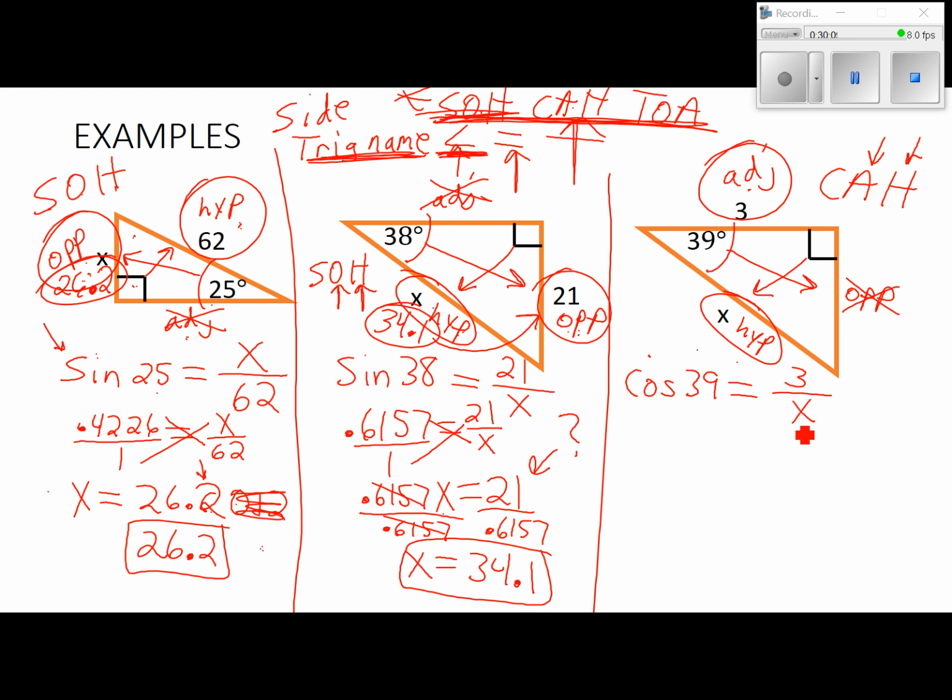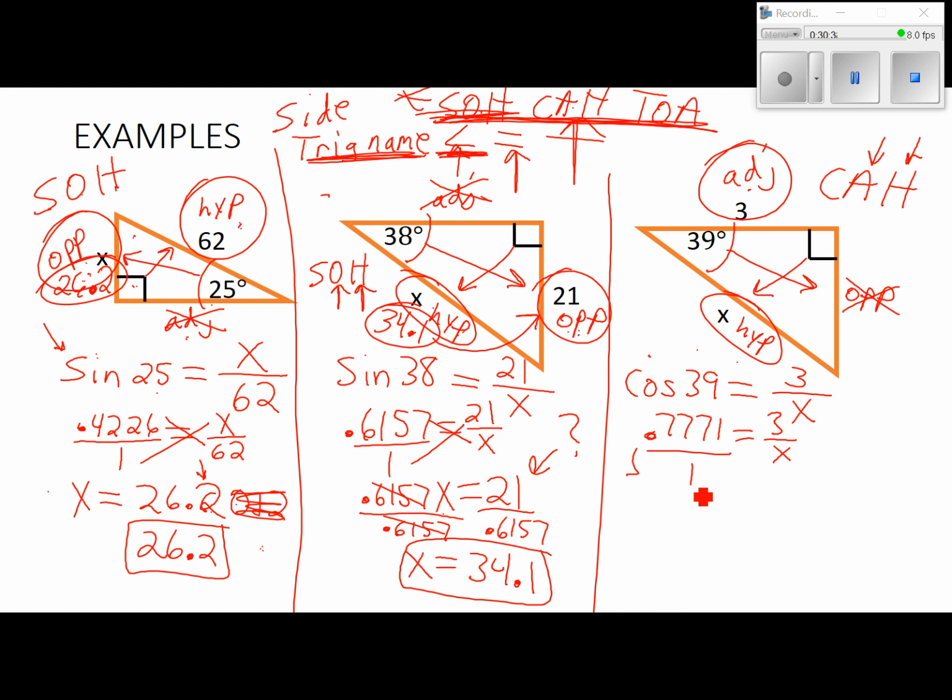We grab our calculator, and this time we punch in cosine of 39. Cosine of 39, and I get 0.7771.